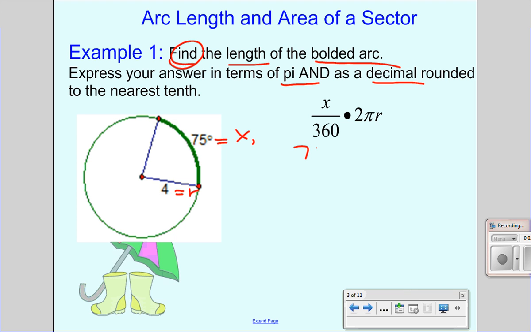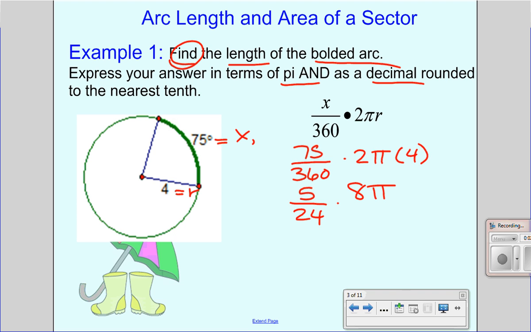So I'm going to put 75 over 360 times 2 pi times 4. Okay, I'm going to simplify that fraction, and you can simplify that fraction by sticking it into your calculator and then hitting the math frac button. Okay, and it'll give us 5 over 24 times 8 pi.